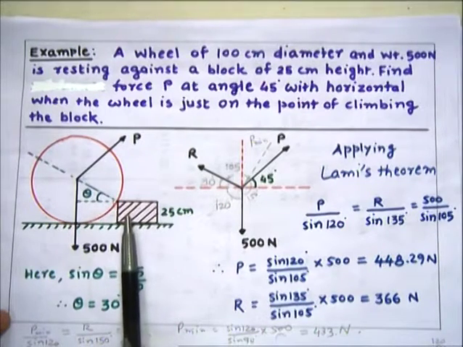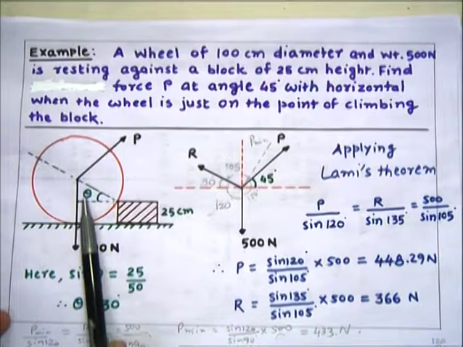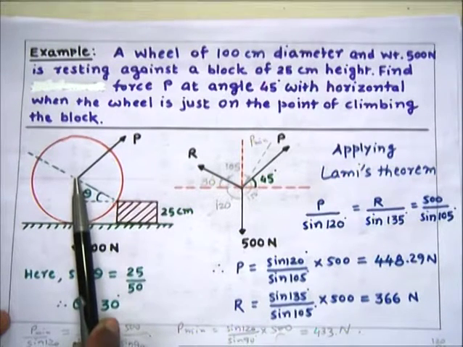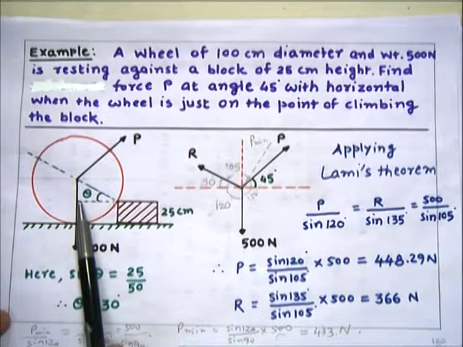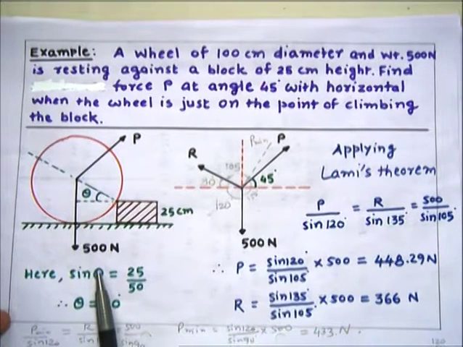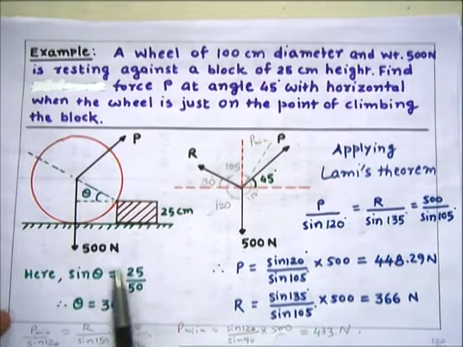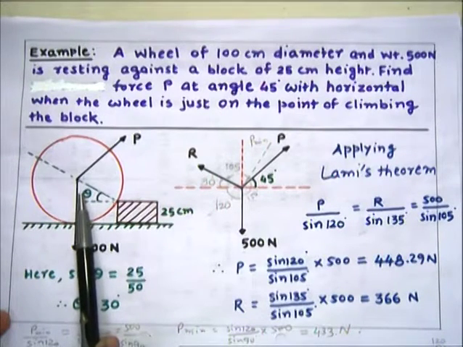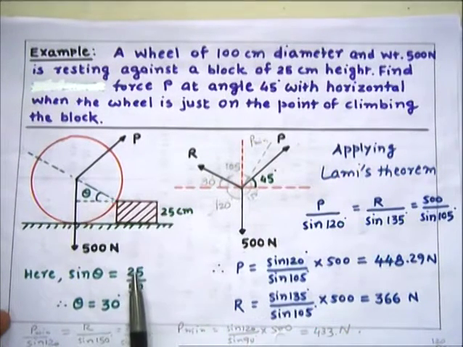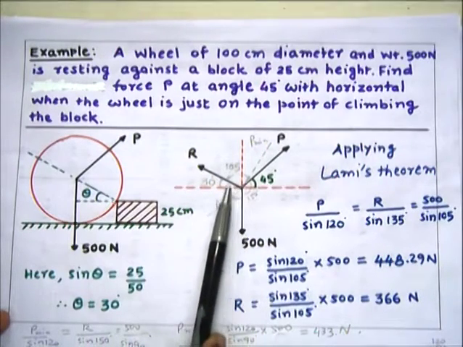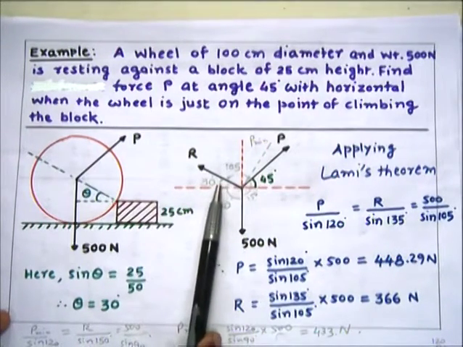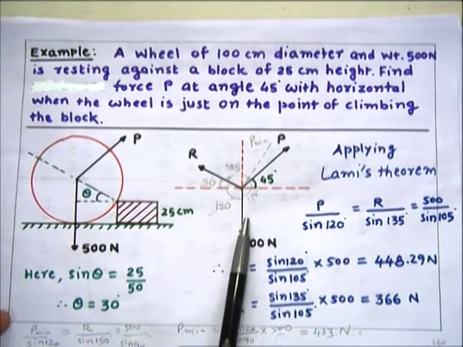Block is of 25 centimeter, so this height is nothing but 25 centimeter from center of the cylinder to this point. So using sin theta, sin theta is equal to opposite side divided by hypotenuse, which is equal to 25 divided by hypotenuse, that is 50 centimeter. So theta is equal to 30 degree. So this angle, that is angle of this reaction with horizontal, is 30 degree. So this total angle will be 30 plus 90, that is 120 degree.